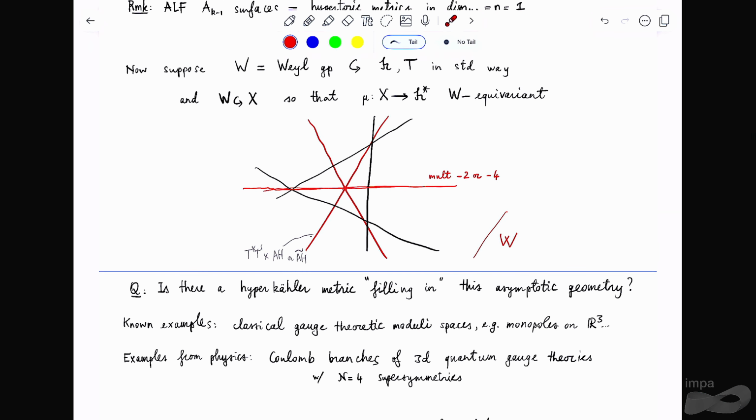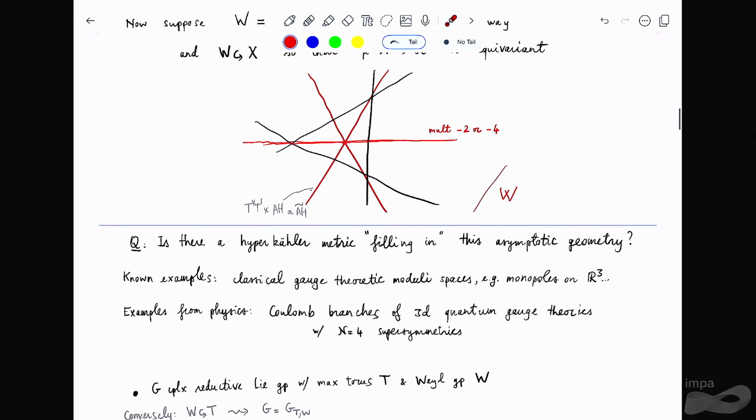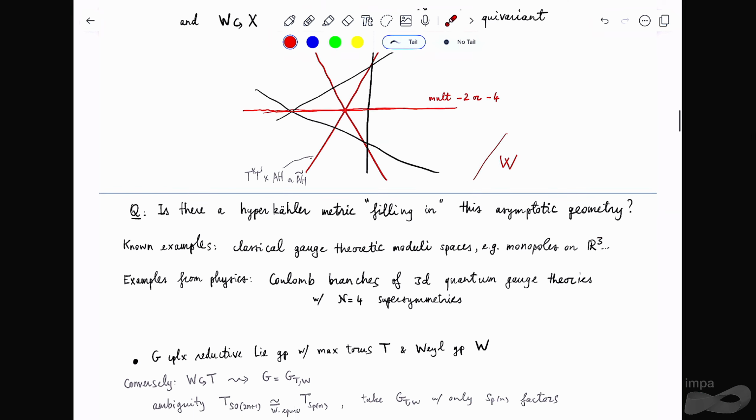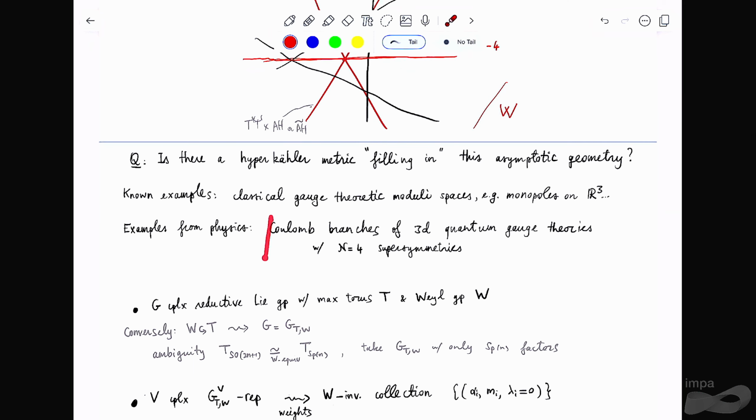The sort of spaces that we're after have an overlap with spaces that in theoretical physics are supposed to be interesting hyperkähler spaces, and these are the Coulomb branches of supersymmetric quantum gauge theories in 3 dimensions with N=4 supersymmetry.